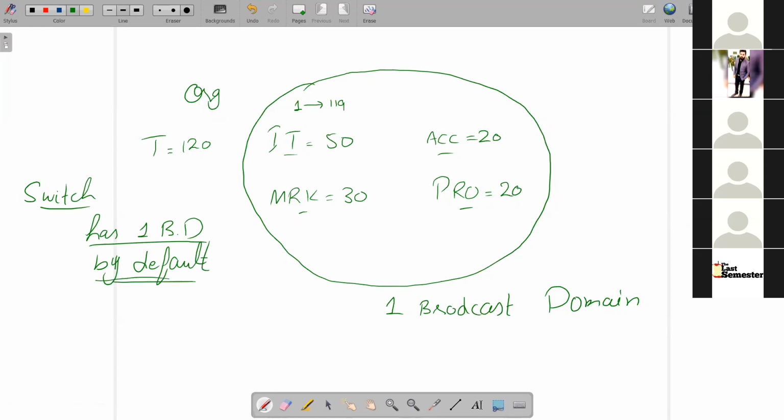By default means we can break it, we can configure, we can reduce, we can minimize one broadcast domain into multiple broadcast domains.